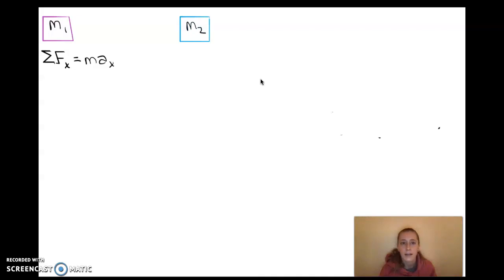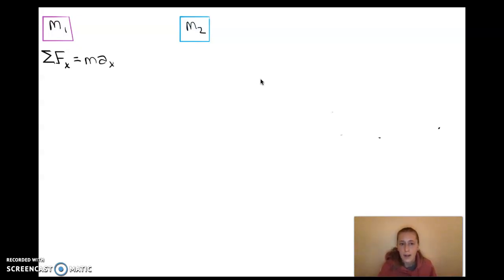That is the x-axis if we were to draw an x and y coordinate system for this object. So combining our knowledge of the net force and Newton's second law, we can say that the net force, or the sum of the forces in the x direction, is equal to the mass of this object times the acceleration in the x direction.